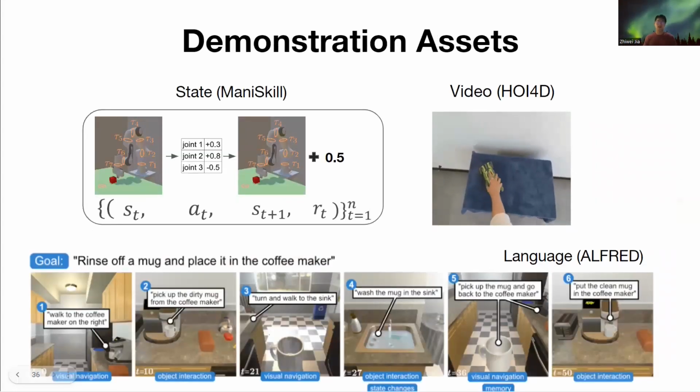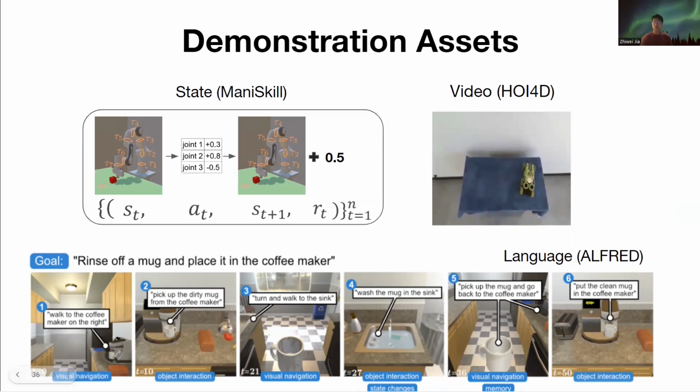Another type of assets are demonstrations, which come in several different formats. For instance, the state-based trajectory provided by ManiSkill, where the joint poses are recorded at each step for manipulation tasks. And also we have the video of human demos provided by the dataset called HOI4D.